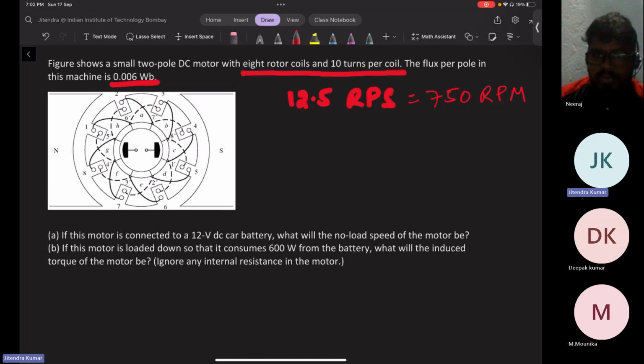Okay, so let us try to solve it and see what value will come. First thing, since this motor has to operate at no load, its back EMF will be equal to the terminal voltage, which is equal to 12 volt.